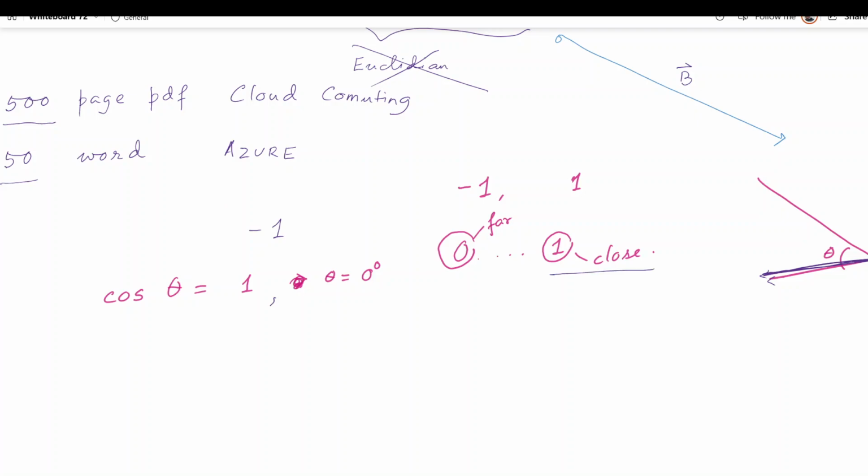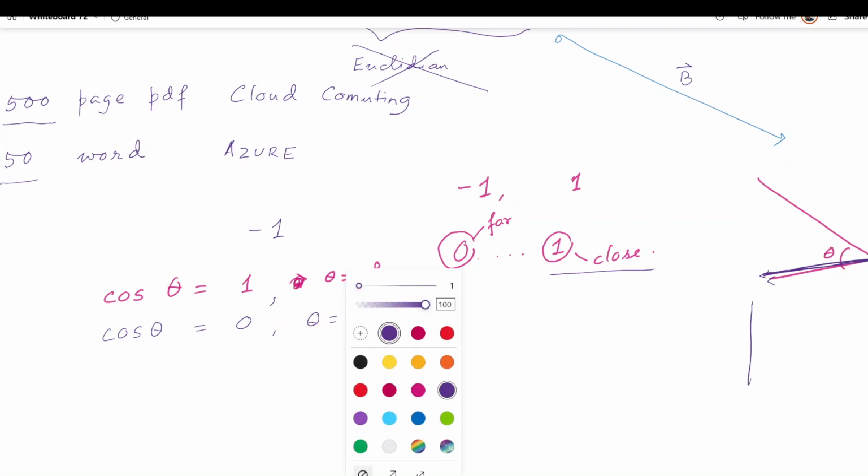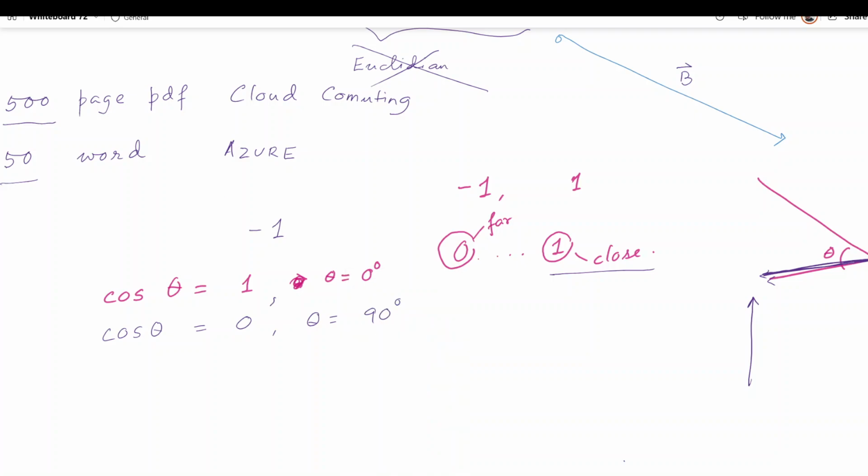If you say cos theta equals 0 when theta is 90 degree, that means you have one vector going here, and the angle between these two vectors is 90 degree. They are too far away because their direction is not the same.